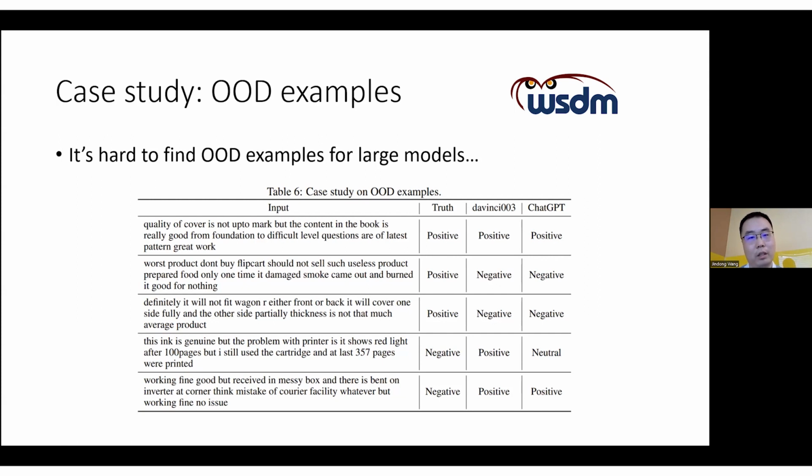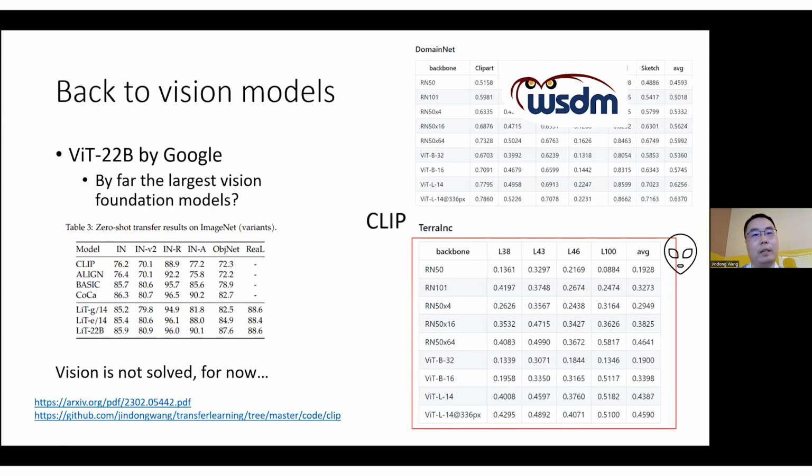But to be honest, I do not have a conclusion or any proposal here to fix these wrong things. But I think it's very interesting to observe. And by the way, these are just some of the examples, and we provide all the bad cases where ChatGPT does not do well on our open source link. You can just click on them. So that is the case study.